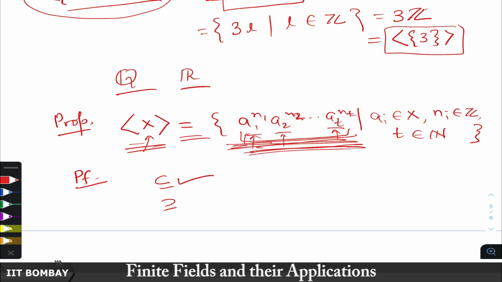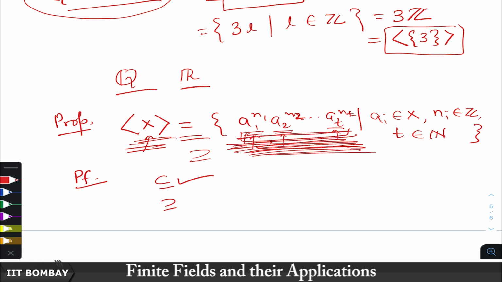So, this direction is easy. That this is a subgroup, and any subgroup that contains X is also quite simple, because all the elements on the right hand side must be there in any subgroup that contains X. In any subgroup, if A1 is there, its power n1, A1 power n1, must be there; if A2 is there, A2 power n2 must be there, and so on.